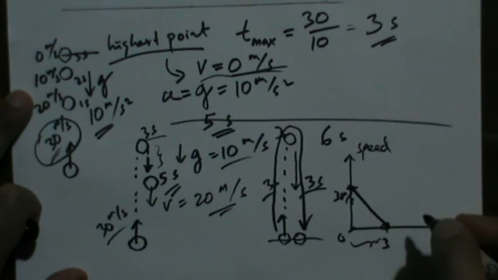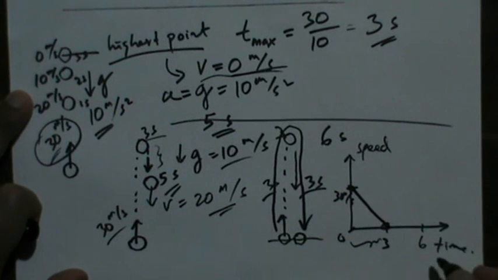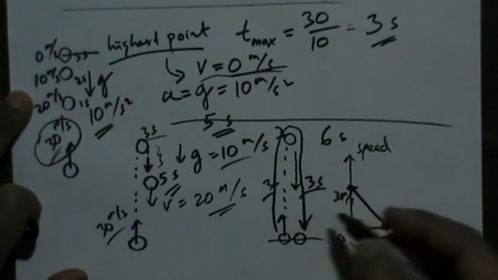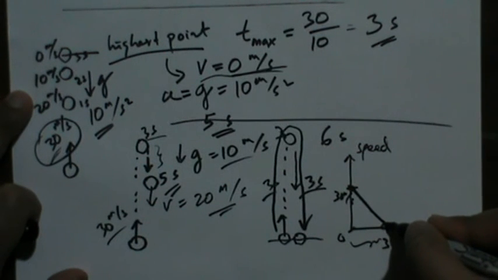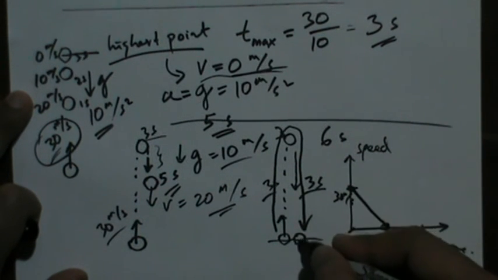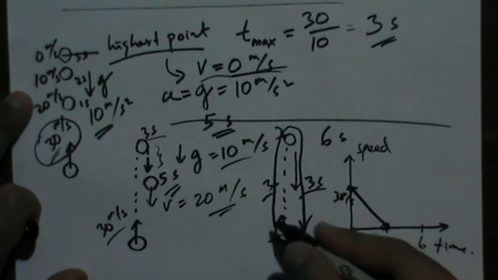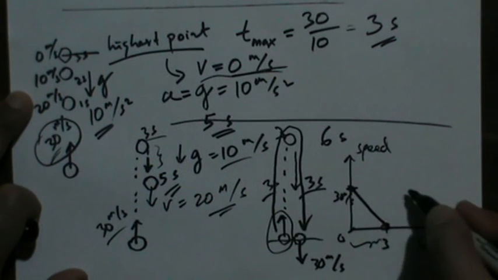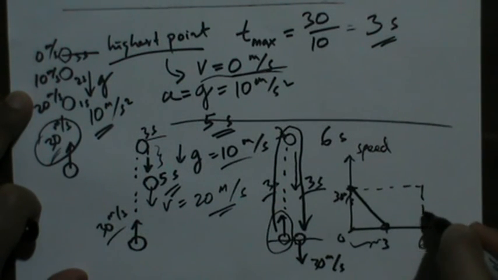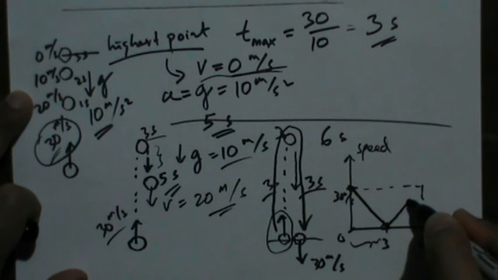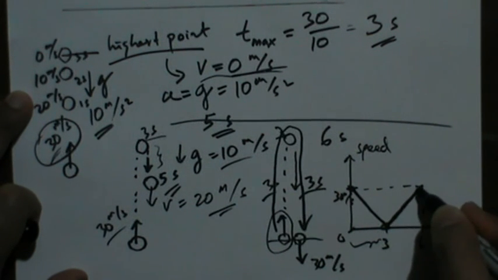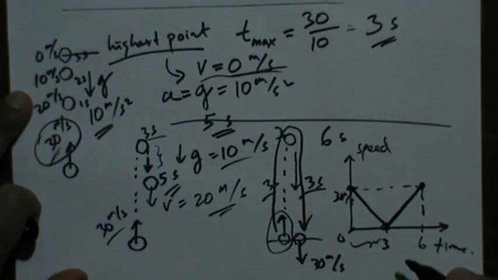And then in another 3 seconds, or until 6 seconds, the ball will gain more speed, so eventually it will have the same speed here, 30 meters per second, as the initial speed. So if we plot the speed after 3 seconds, it will be like this. So this is the speed versus time graph for the motion of the ball.